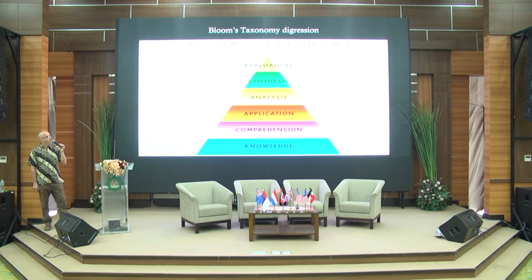Synthesis and evaluation is where you would be studying at undergraduate or postgraduate level in university, I would say. So I show this to my students, to the leader, to help them prepare their questions. The comprehension questions should be around the middle level, around comprehension, application, analysis.